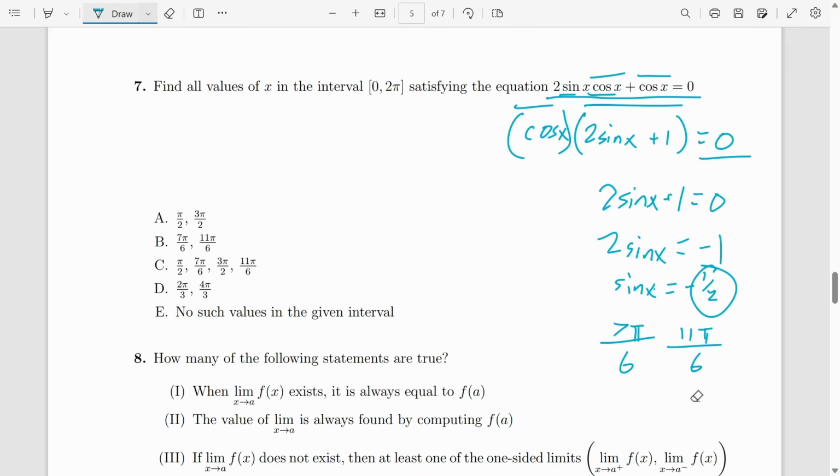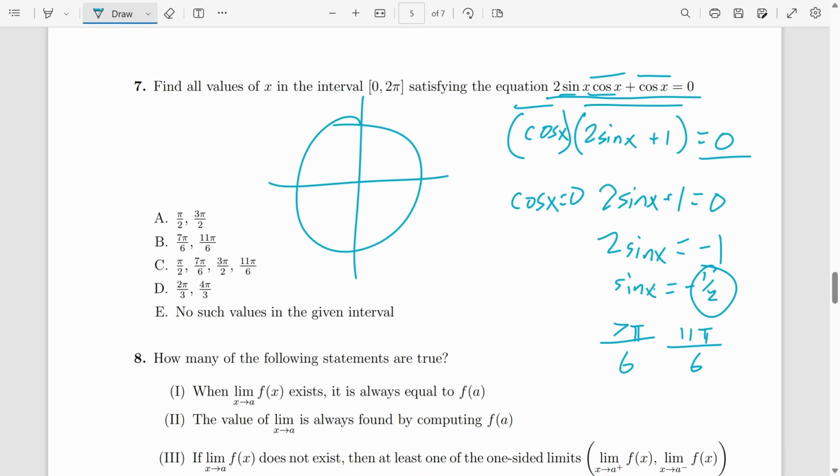Now, going back to the other one where we have cosine x equals 0, we go back to our unit circle, which is 0, pi over 2, pi, yada, yada. Cosine is the horizontal value. So it's this length here for a given arc length. Now, if we want that length to be 0, the arc has to just start and stop right on the y-axis there.